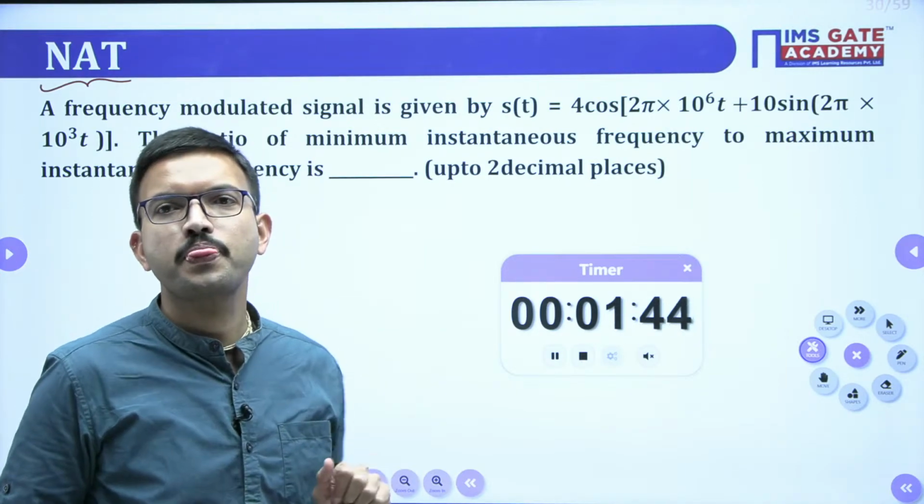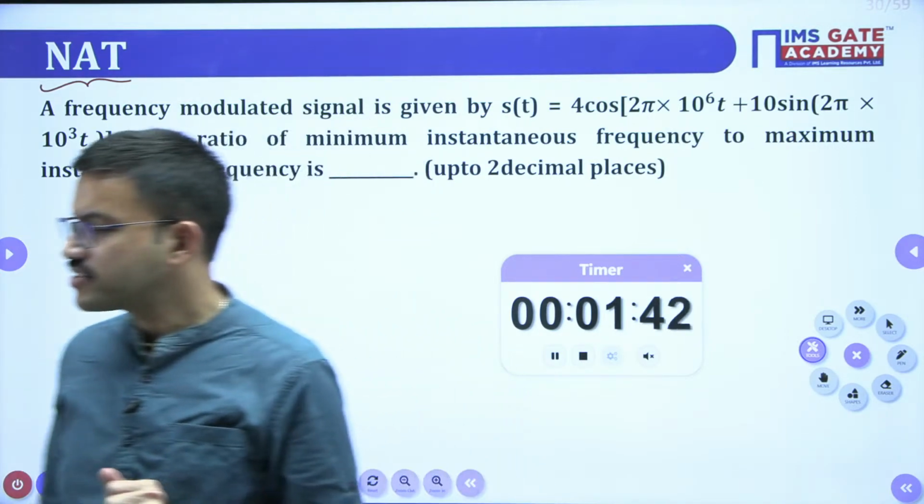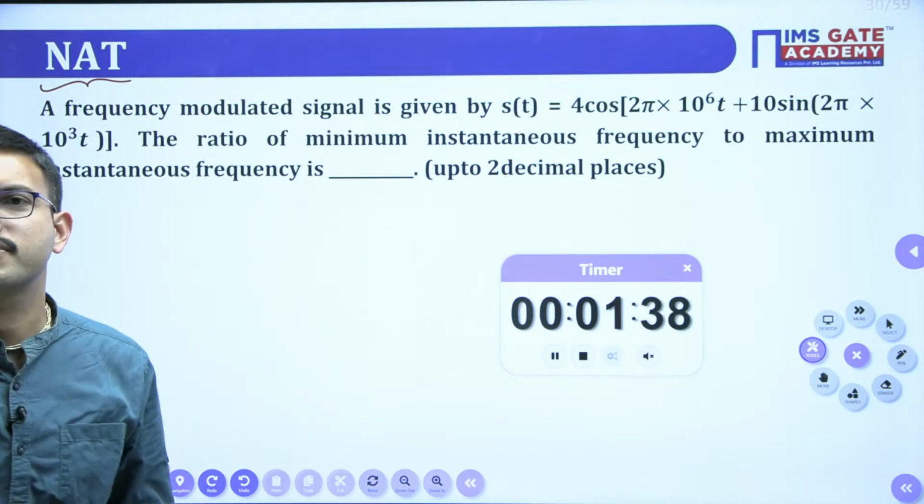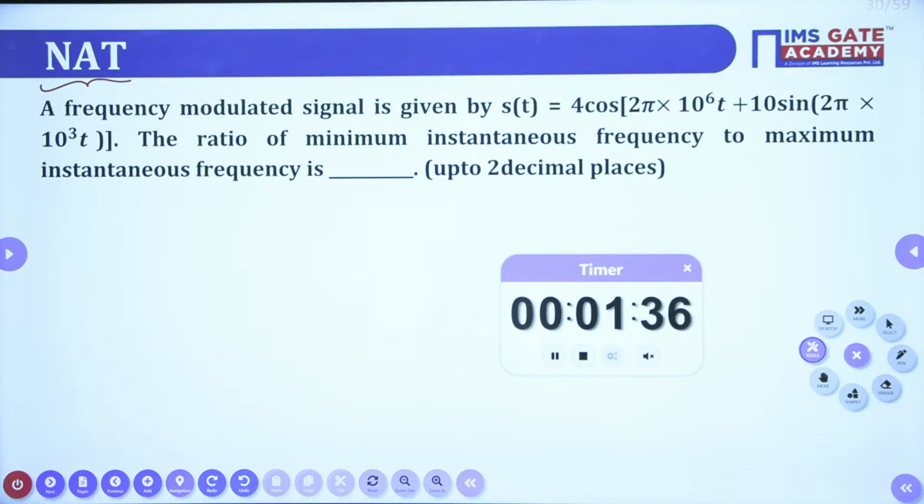Yes, very good Rohit, very good Tushar. Others also please try. Yes, very good Tushar, correct.